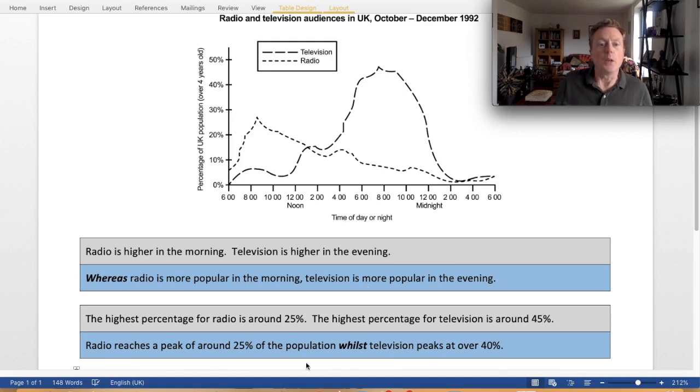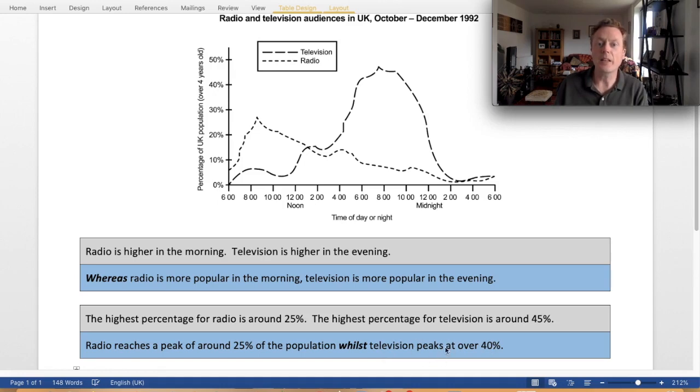So we have linked them together with whilst. Again, they're contrasting. We've used a range of different verbs. Here our verb is reach, here our verb is peak. So you might see peak and think it's repetition. It's not. If we look at this clause, television peaks at over 40%.